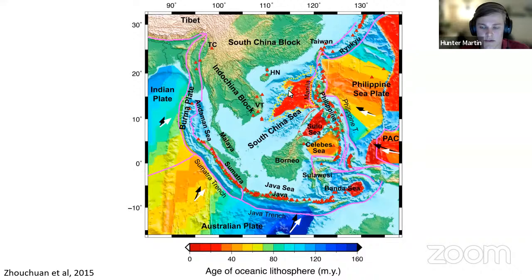Along Java, we have lithospheric ages in excess of 100 million years. So this is a critical parameter because the age of the lithosphere could influence the style of tectonism occurring in the region. Young oceanic lithosphere is typically hot and buoyant, while older lithosphere tends to be colder and less buoyant.